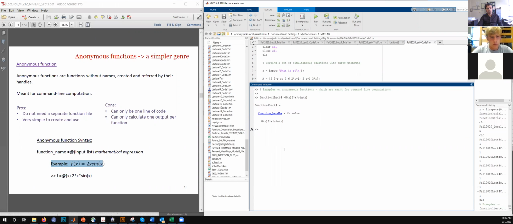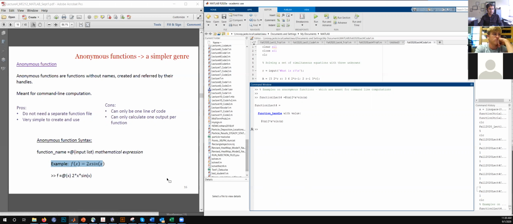So you should see this on your command window. This implies that a function handle, that's what MATLAB likes to call this kind of anonymous functions, has been created where the information on the function is in that function handle and it's dependent on x. So now let's try to figure out a value for this f for a certain value of x.